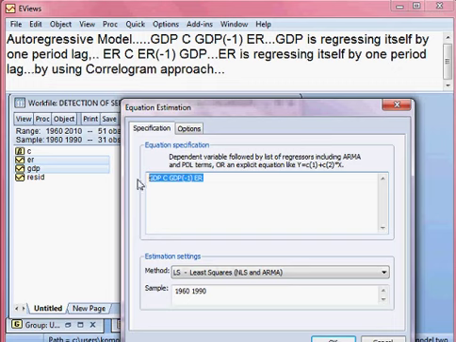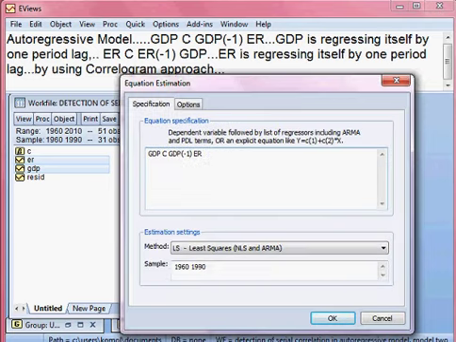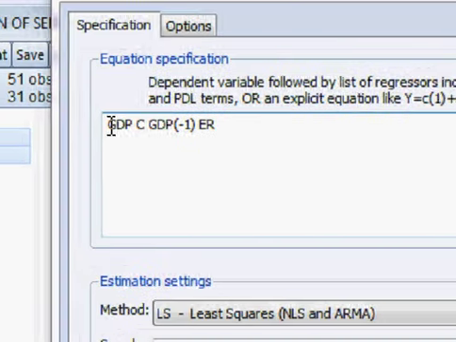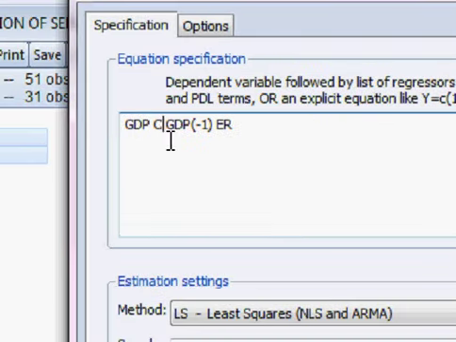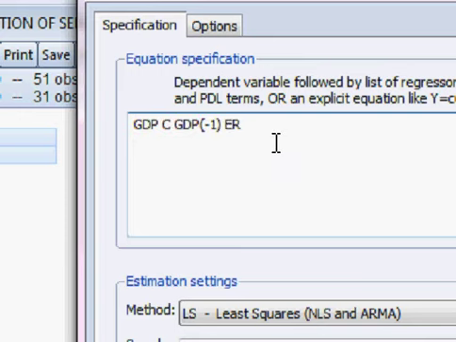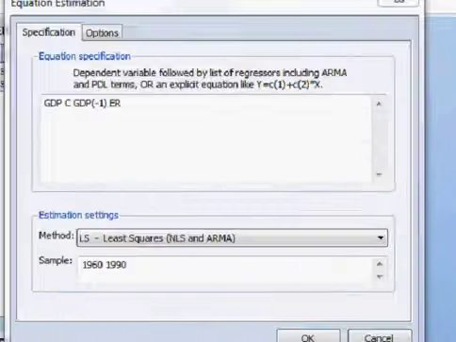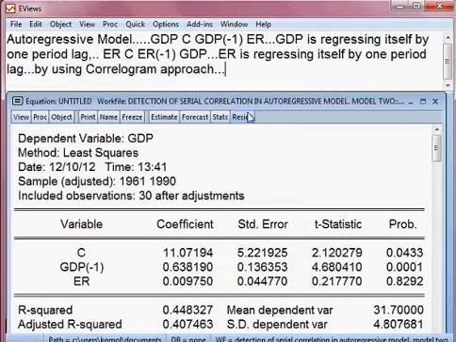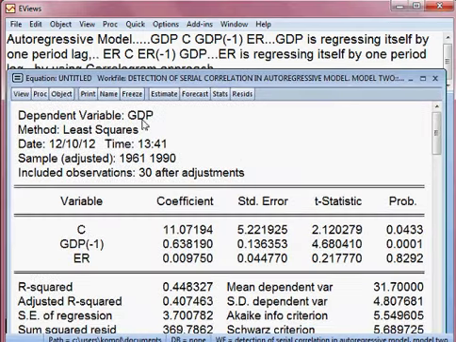So this is my autoregressive model, and I can zoom in for you. You can see GDP, constant, GDP lag 1 and exchange rate. So this is our autoregressive model, right? And now we want to estimate this model. So I press OK. It has been estimated.